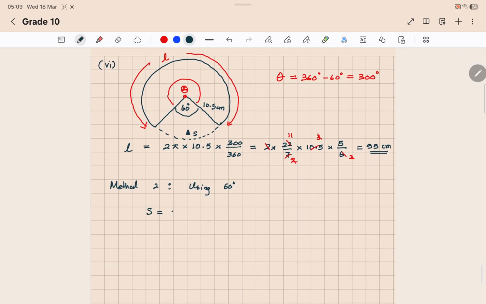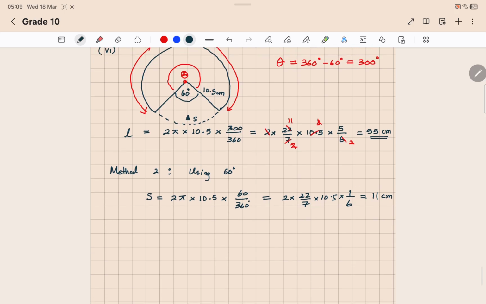S is given by 2 pi, radius is 10.5, times 60 over 360. So 2 times 22 over 7 times 10.5 times 1 over 6. Simplify and you will get 11 centimeters, right? So that is S.